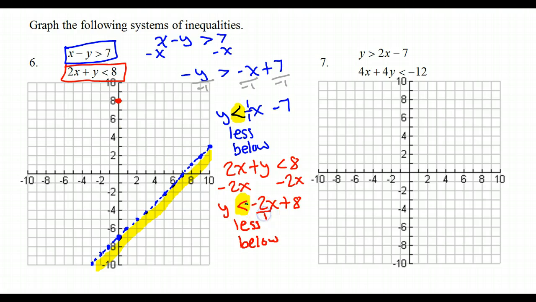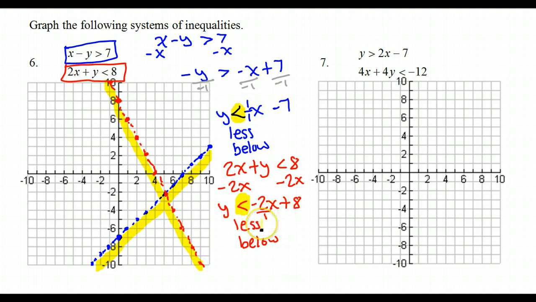Slope is like negative 2 over 1. And again, this is a dotted line. And like I said, we're going to shade below. But once again, do not shade in this entire area. Just shade in one small band on the below side of the line.